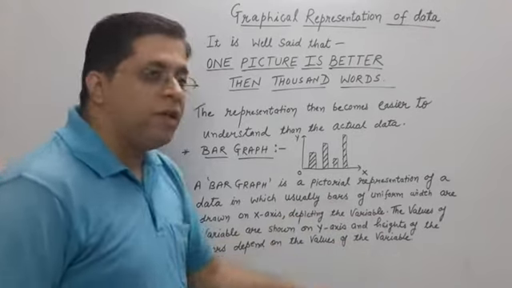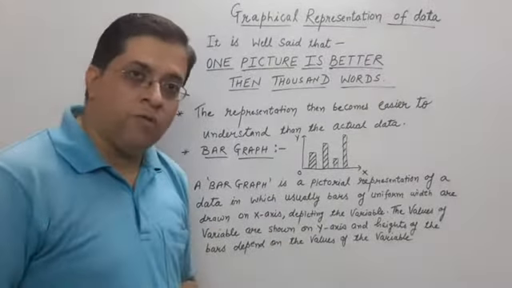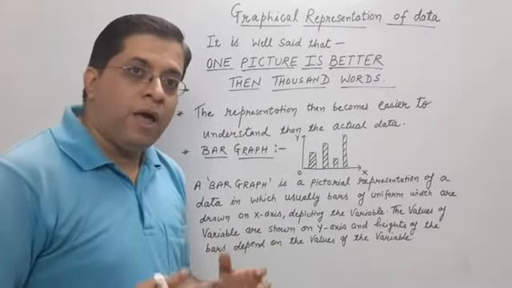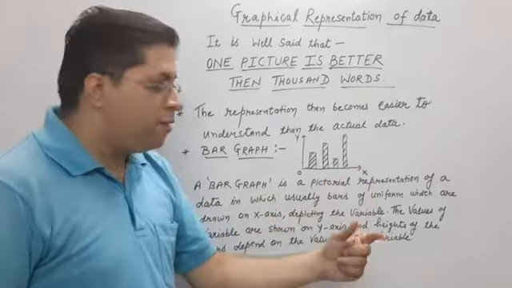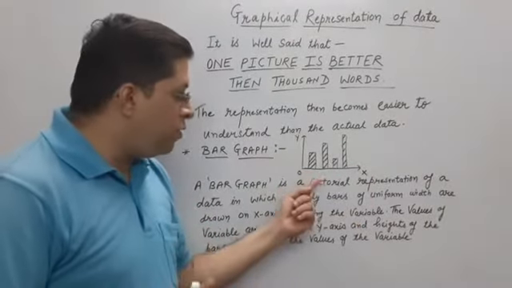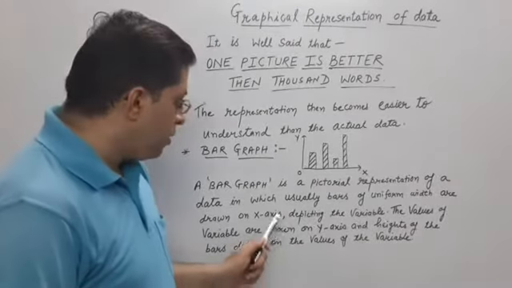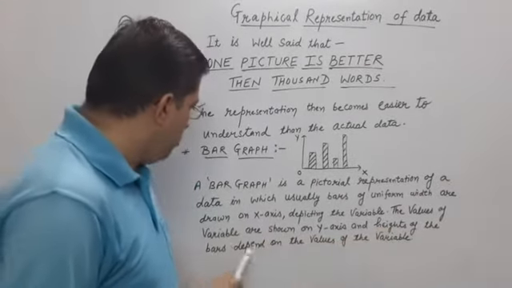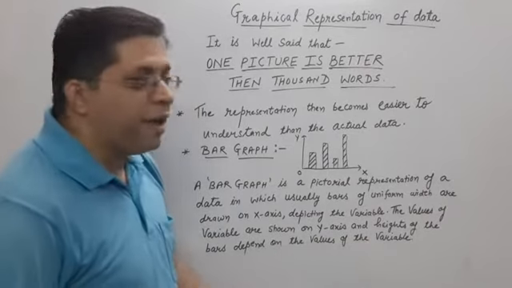On the x-axis there is a variable. Like I have taken data of class 9, but I have 5 sections here: A, B, C, D, and E. Here, what is the variable? The variable is your sections. The values of the variable are shown on the y-axis.